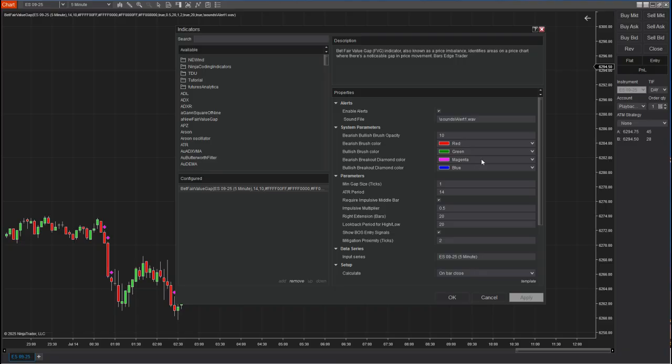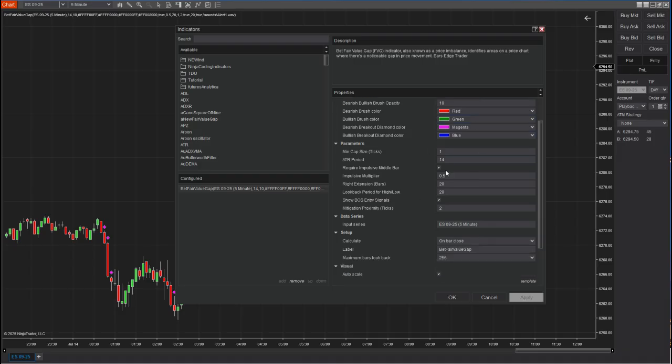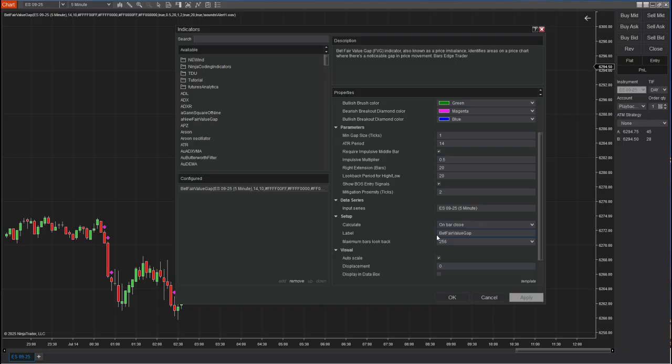So basic parameters here: enable the alerts. System parameters, opacity, basically colors, minimum gap size in ticks. We use an ATR to help write the algorithm, which we don't show. The middle bar, we require the middle bar to be greater.